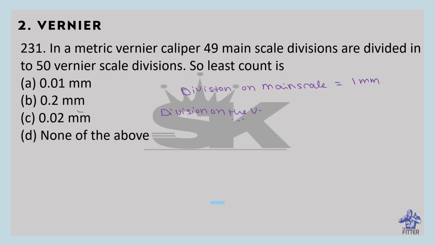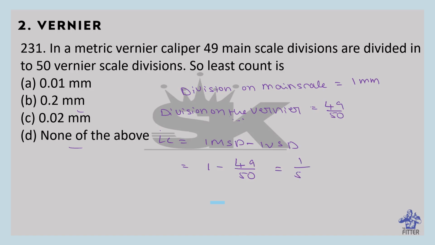So one division on the vernier scale equals 49 upon 50. So the least count equals how much? Least count equals 1 MSD minus 1 VSD, right? So here 1 MSD is 1 mm minus 1 VSD, which is 49 upon 50.